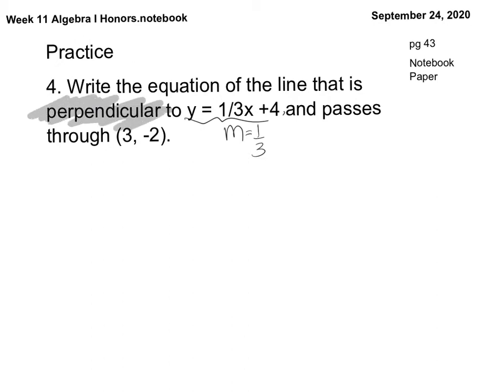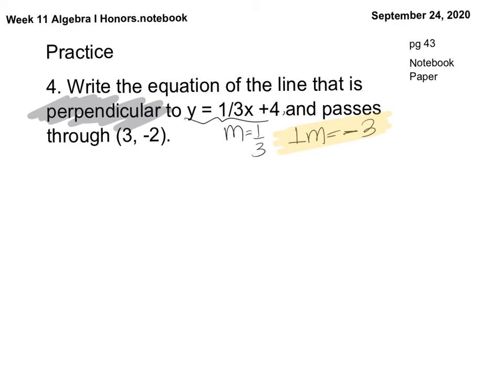So my perpendicular slope would be the negative reciprocal of this. So negative 3/1, or just negative 3, is the slope that I'm going to use.